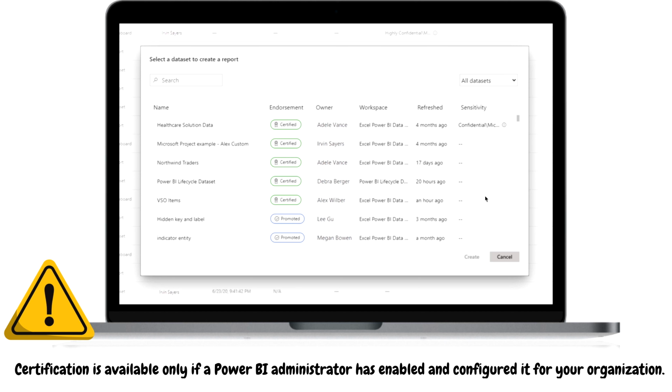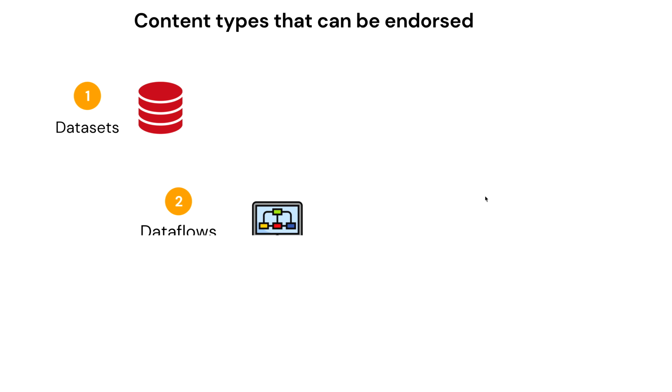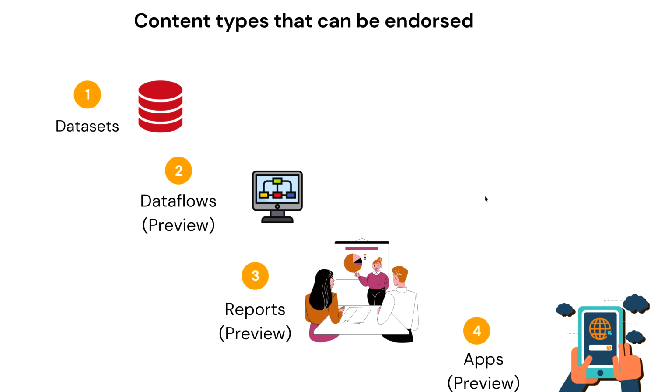But before going there, you should always remember that certification is available only if a Power BI administrator has enabled and configured it for your organization. Otherwise, it won't be available over there. So if you want to promote your content or you want to make it certified, please contact your Power BI administrator.